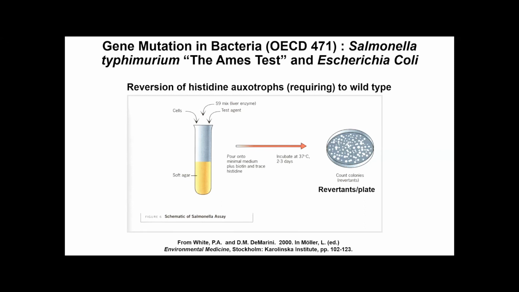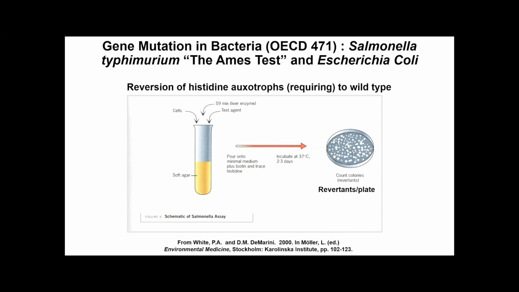Bruce Ames and colleagues developed some histidine-requiring Salmonella strains. And basically, the story goes that he was eating a bag of potato chips one time and was looking at all those ingredients and wondered, gee, I wonder if these are harmful. And basically, he developed the Ames test.